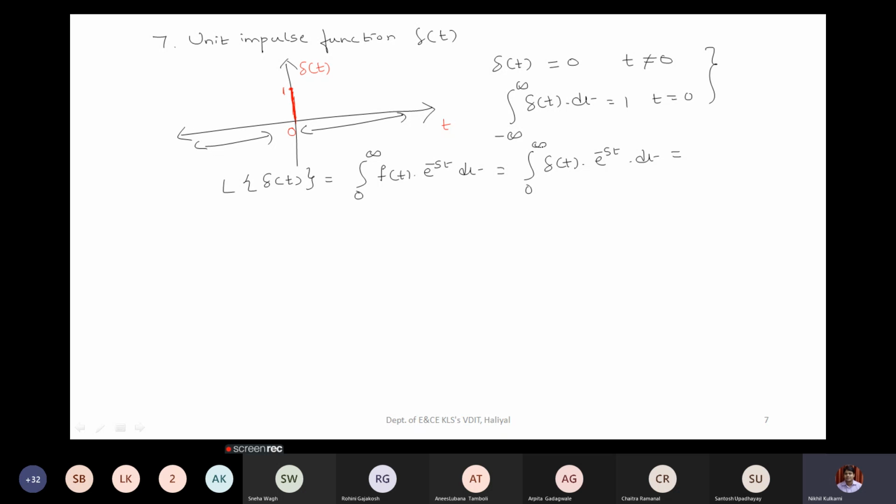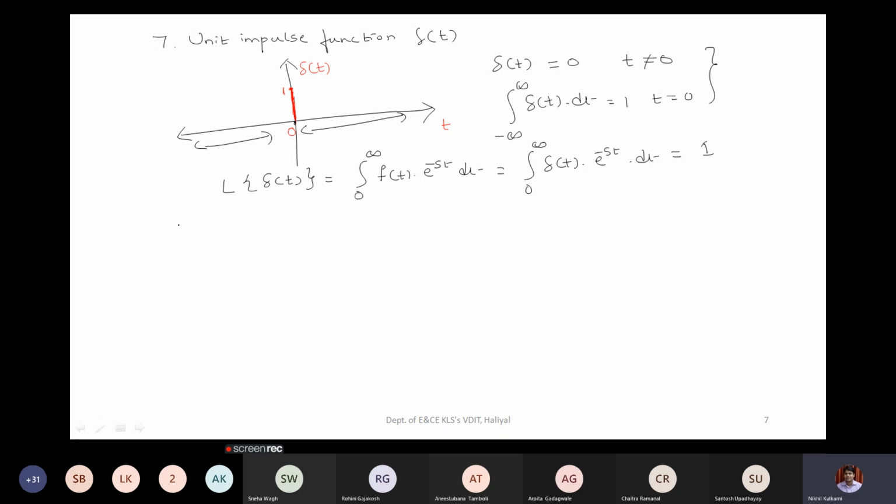Considering 0 to infinity, again this will give us the value as 1 only, because it is valid only for t equal to 0. So these are the simple cases.